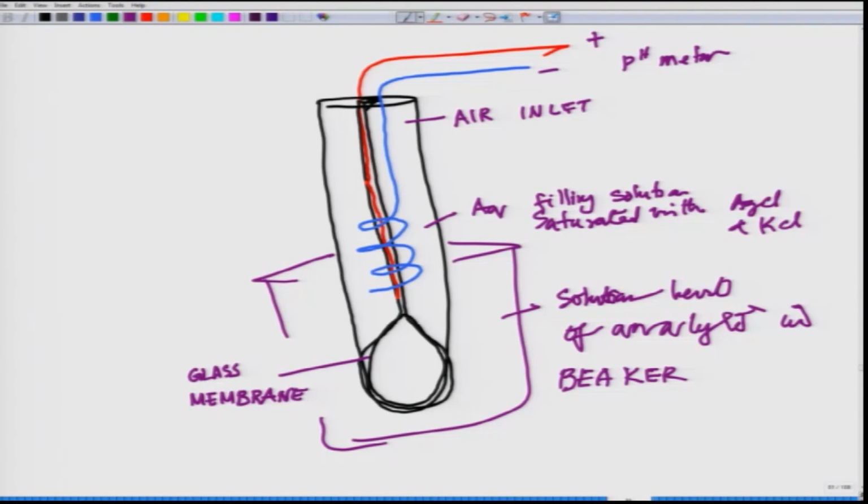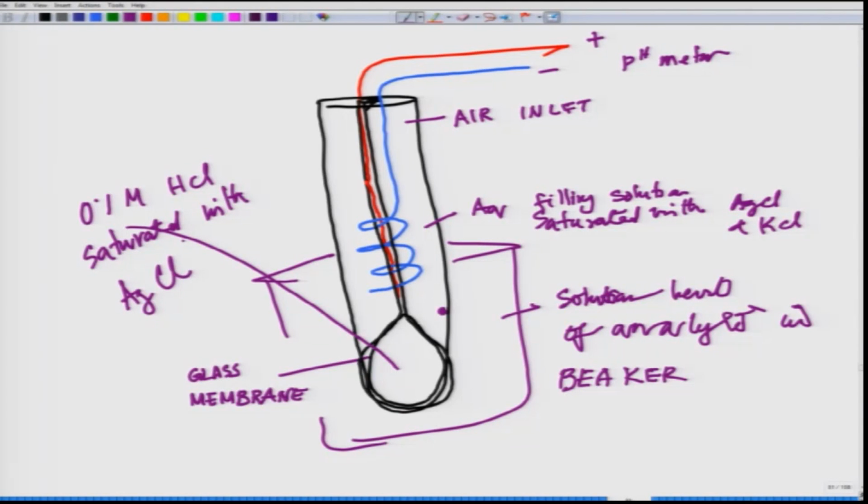And there are porous plugs, which are a kind of side problem, and out here you have 0.1 molar HCl saturated with AgCl. Okay.